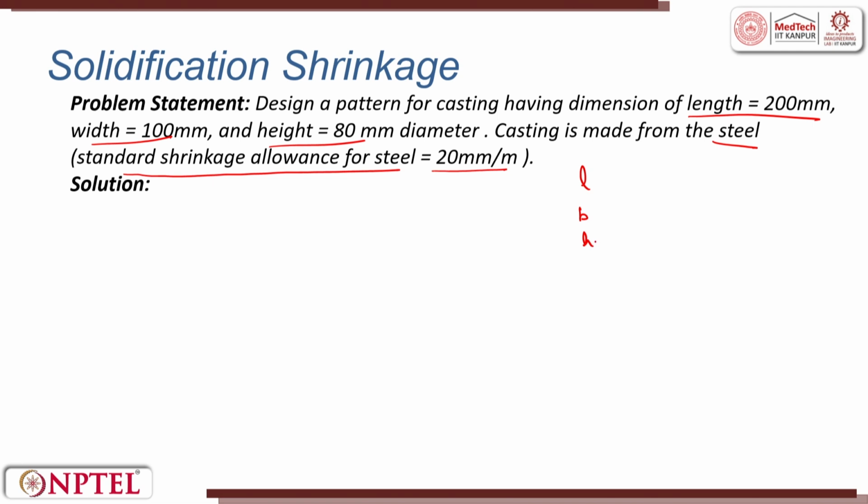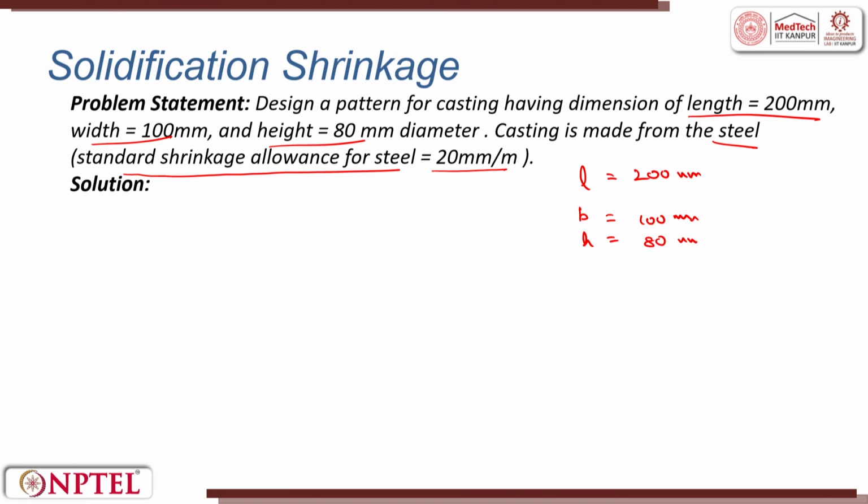I will try to solve this problem. Length is 200, breadth is 100 and height is 80, all in millimeters. So, for steel standard shrinkage is given 20 millimeter per meter.